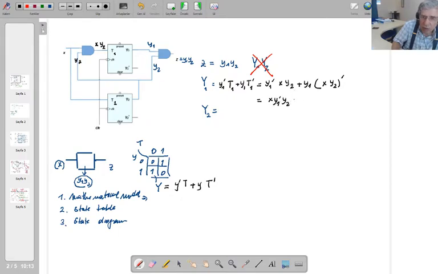That's the first one. So this one is equal, if I use the De Morgan theorem, X prime time Y2 prime multiplied with Y1 X prime multiplied Y1. The second one is Y1 Y2 prime.